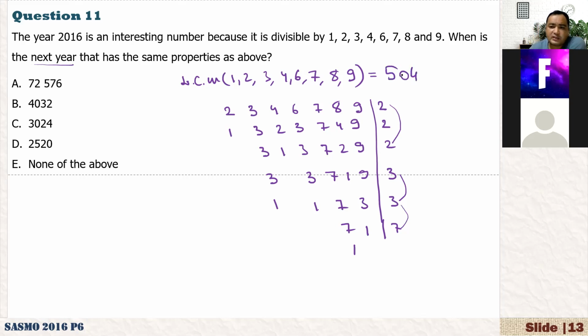So that means the multiples of this number have this property. They are divisible by 1, 2, 3, 4, 6, 7, 8, 9. And what are the multiples of 504?